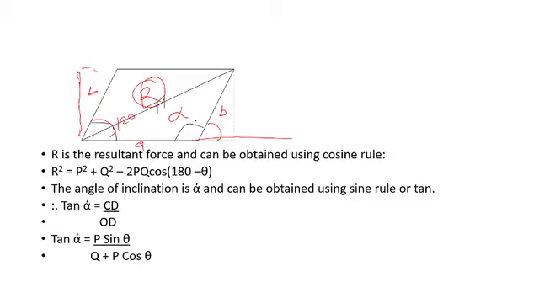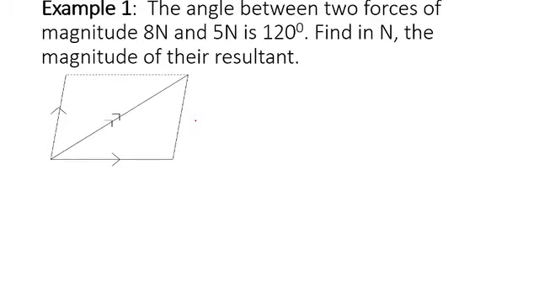So, for example, let's deal with what we have in front of us. The angle between two forces of magnitude 8 Newton and 5 Newton is 120. These are the two forces, and this angle is 120.